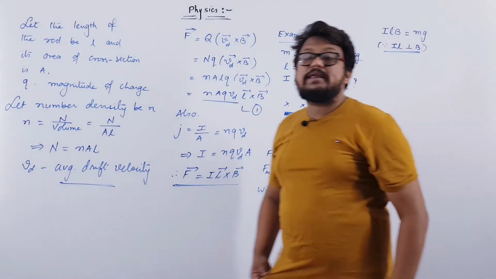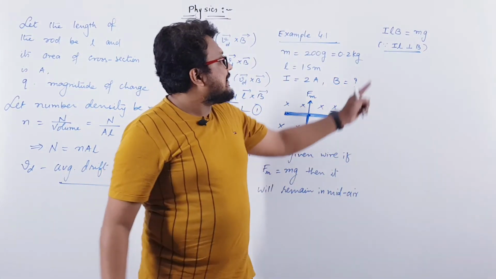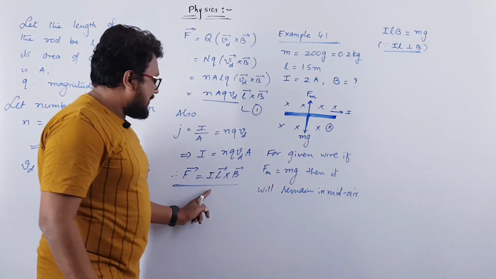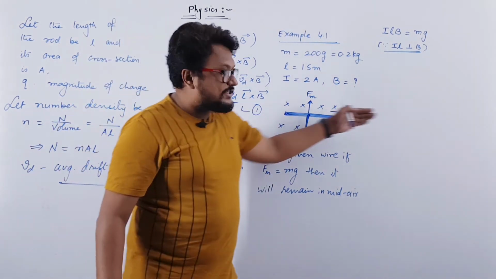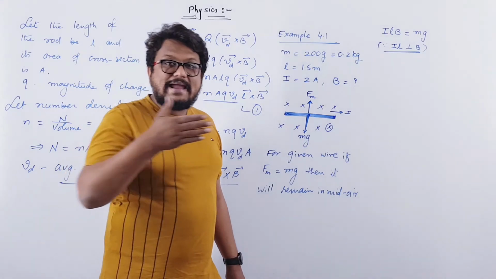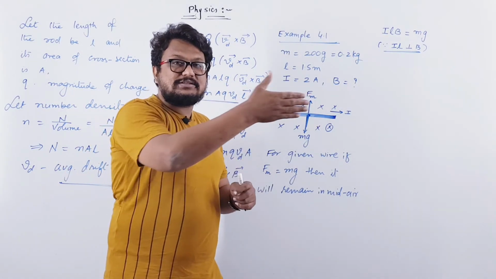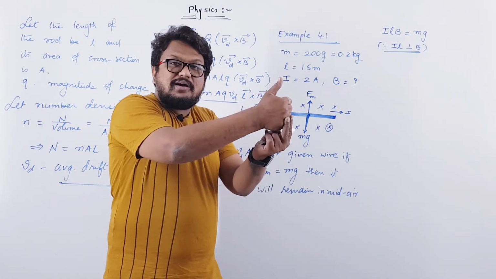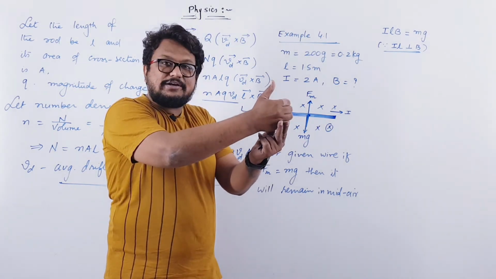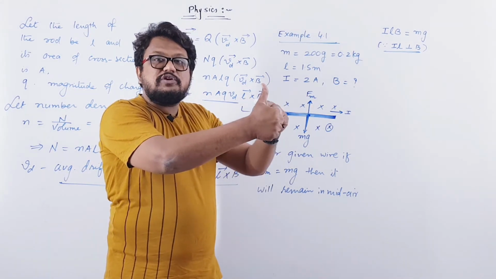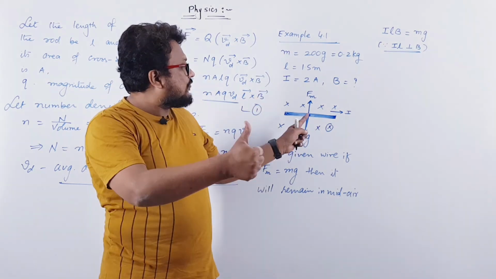You can check the direction of force. The formula is IL cross B. So IL is in this direction and B is inside. IL cross B, so IL is in this direction, and I will rotate or bend my finger in the direction of B, that is inside towards the board. So my thumb will show the direction of force. So force will be in upward direction.